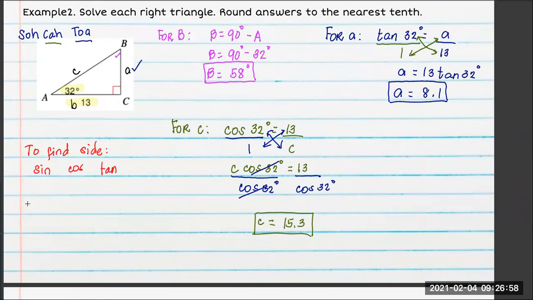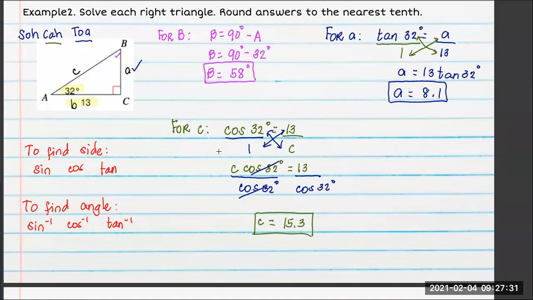But to find an angle, we have to use the inverse: either inverse sine, inverse cosine, or inverse tangent. Except, of course, if one angle is given, then you can just subtract it from 90 degrees. Okay? Questions?